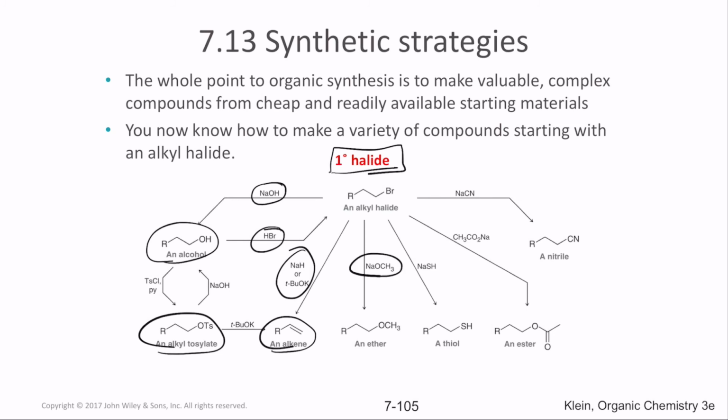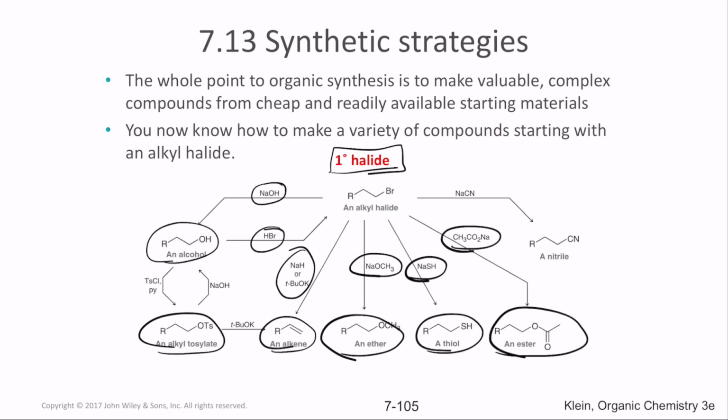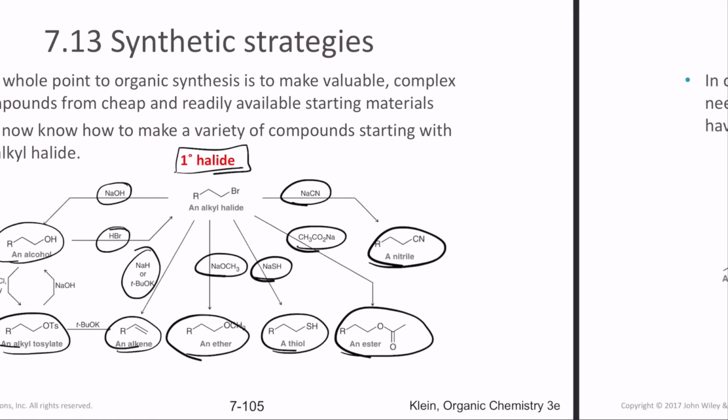When you use sodium methoxide, it produces ethers. When you use sodium thiolates, you can produce thiols. When you use acetic acid, it produces esters, and when you use sodium cyanide, you can create nitriles. So these are all the processes that we can use to convert a primary halide into different functional groups.